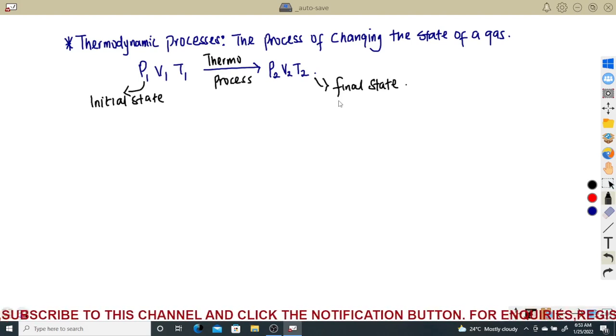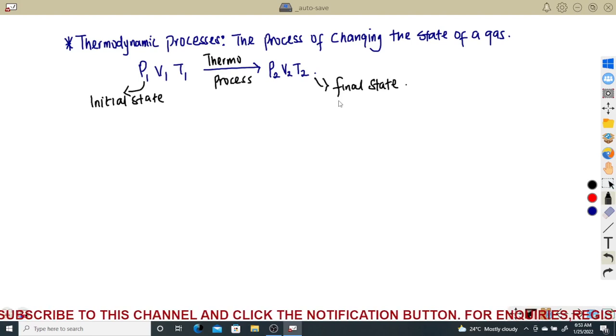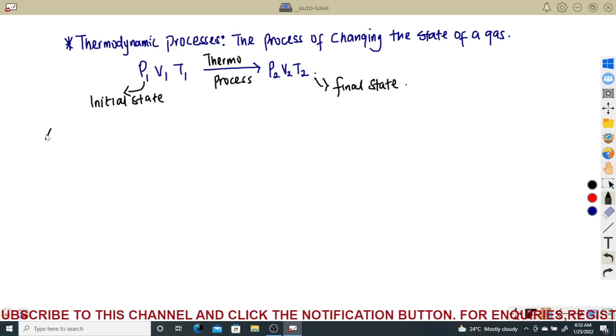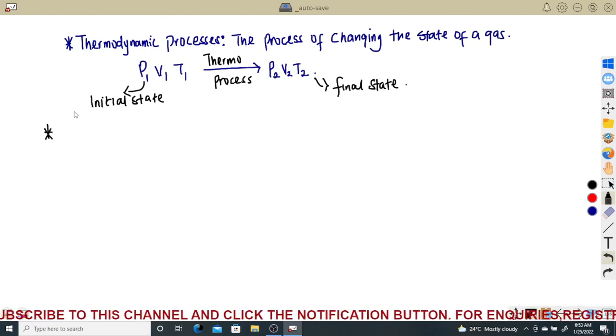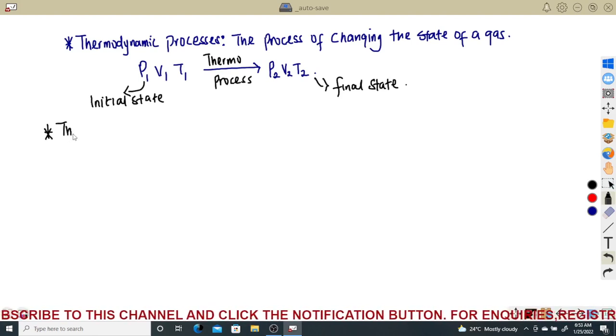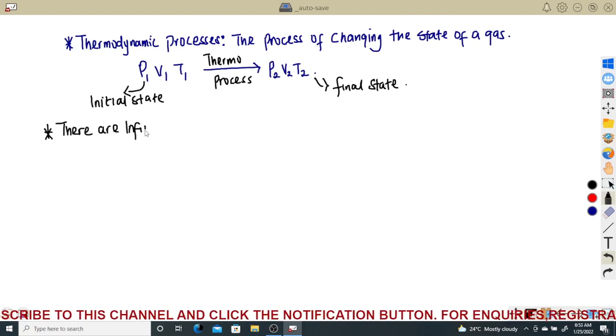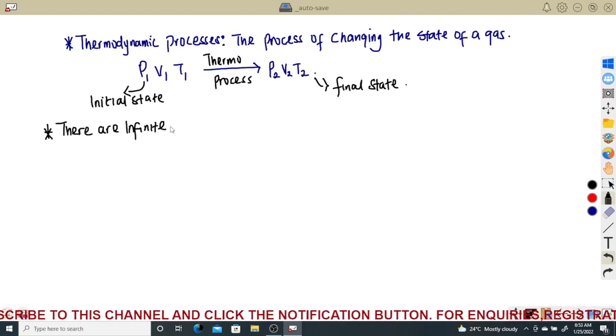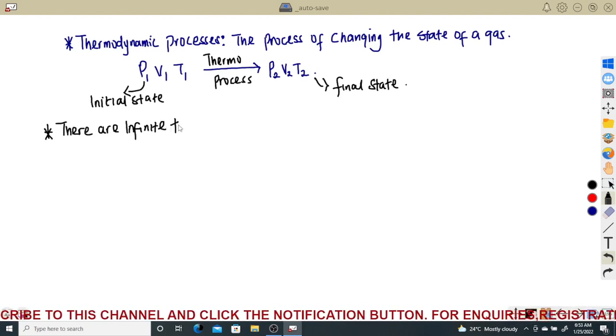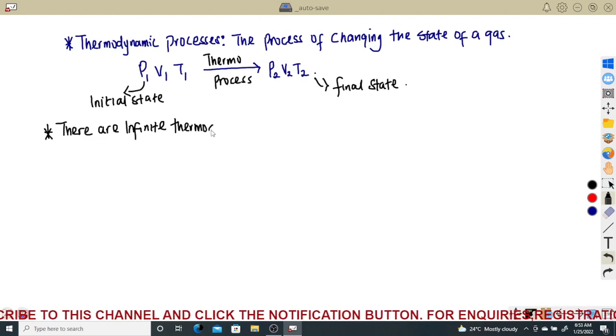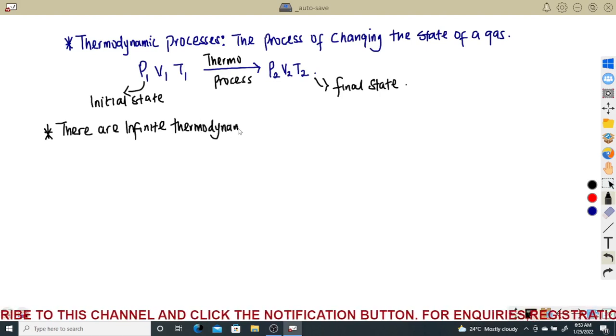All these processes are what we want to look into. When we consider thermodynamic processes, students need to understand that there are infinite thermodynamic processes.